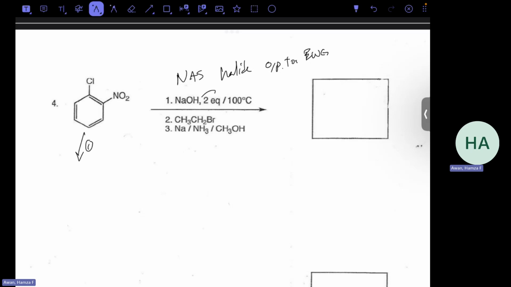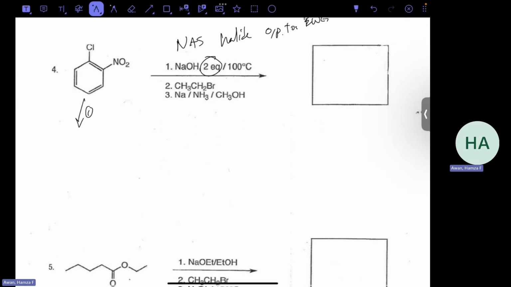So what we're going to do here for step 1: step 1 is actually 2 steps because it's 2 equivalents, right? We don't have to show both steps, just the final product of it. But if, for example, it says 1 equivalent, then you would have to know what the product would be. The first step is that you have this NO2 and it creates an OH.